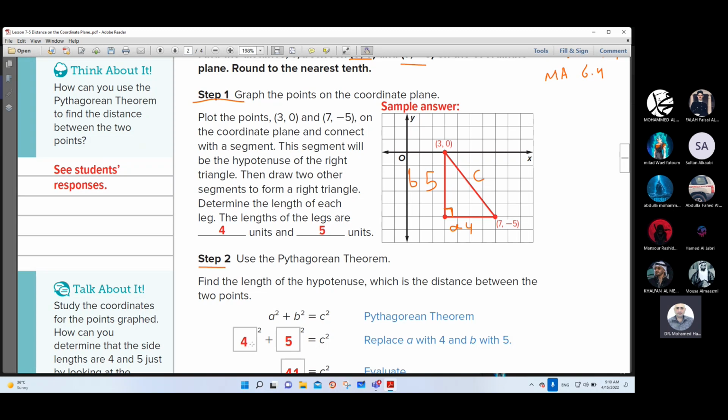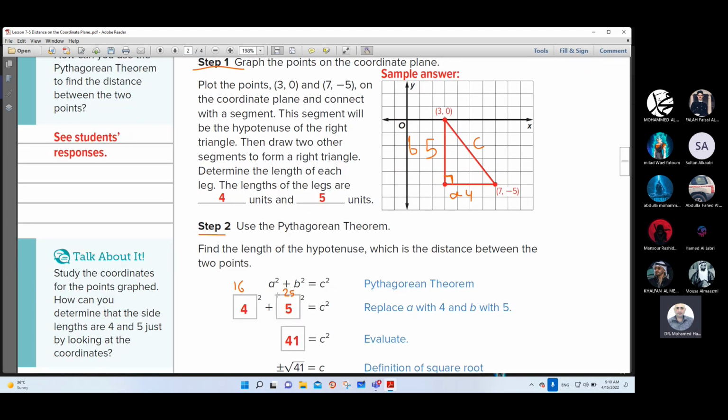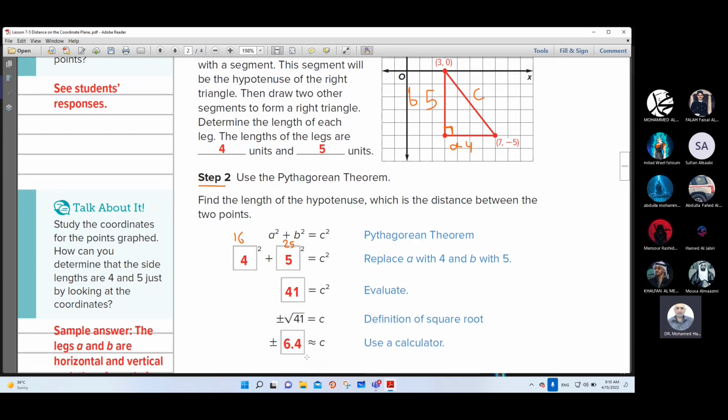So 4 squared means 16, and 5 squared means 25. So 16 plus 25 will be 41. So c squared equals 41. To find the value of c, take the square root of 41. It will be about 6.4.